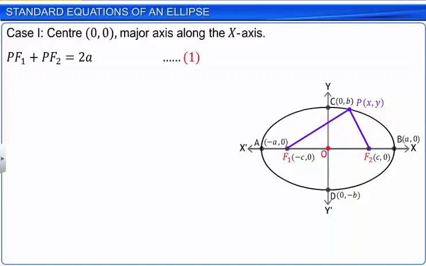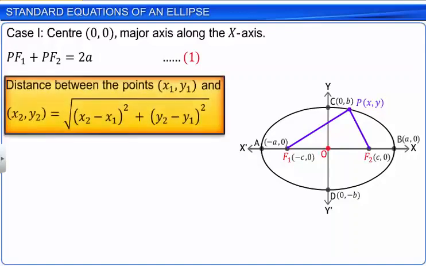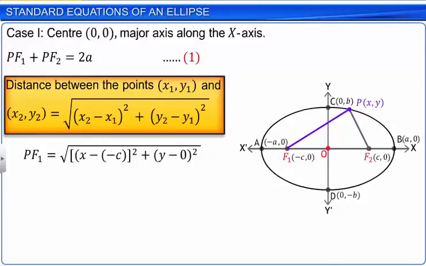We already know the formula for calculating distance between 2 given points. Using the distance formula, we get distance PF1 is equal to under root x plus c whole square plus y square.